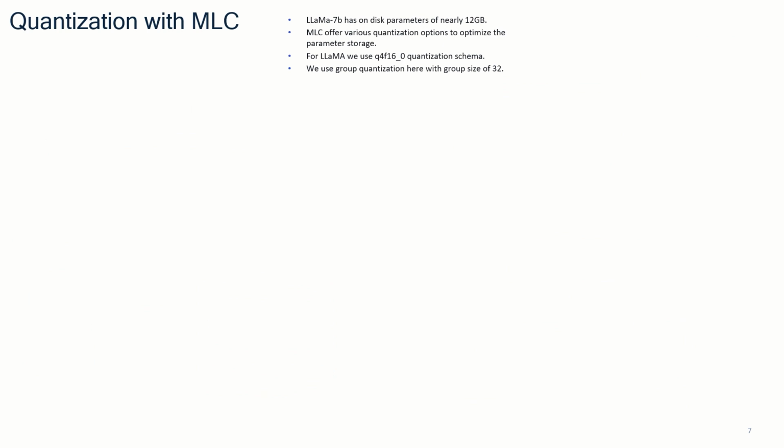So the trick is, when I said we have taken a 7 billion Llama model for our experiments, the 7 billion Llama model realizes about 12 GB of parameters on the target device. If you look at Android devices in the market right now, we are at 12, 16, or a maximum of 24 GB of RAM. So the challenge is how do we place these 12 GB of parameters?